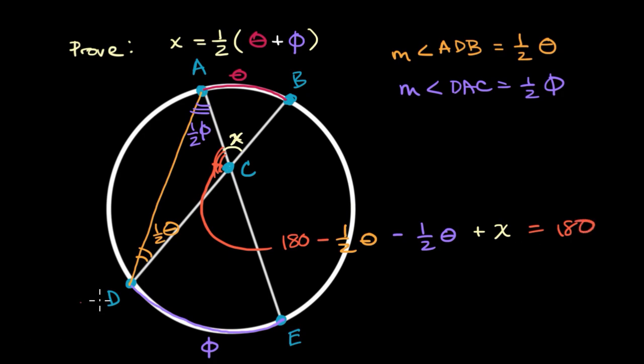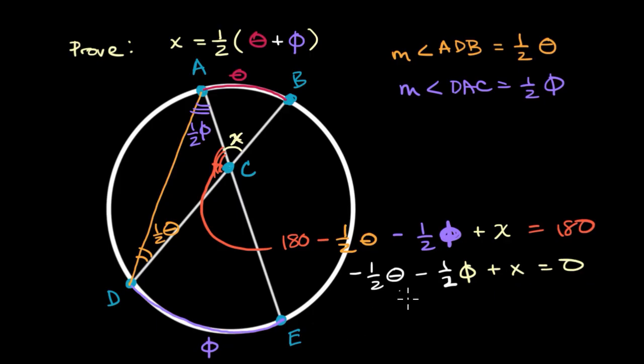Well, now we just do a little bit of algebra. We can subtract 180 degrees from both sides, and we get negative 1/2 theta minus 1/2 phi plus x is equal to 0.